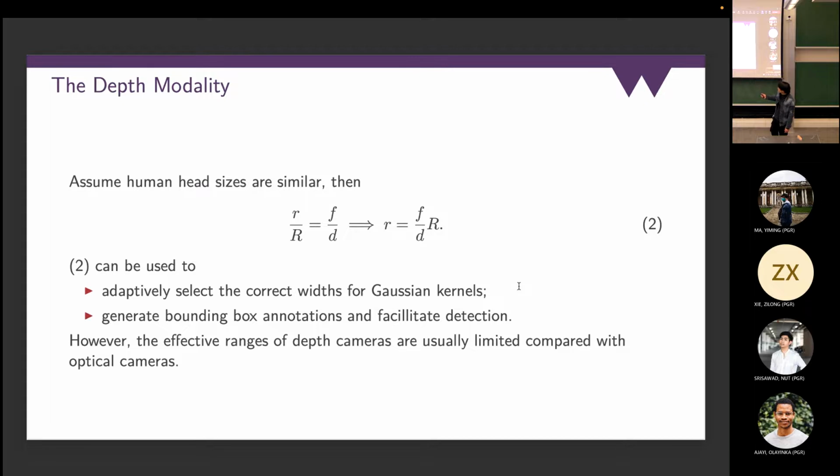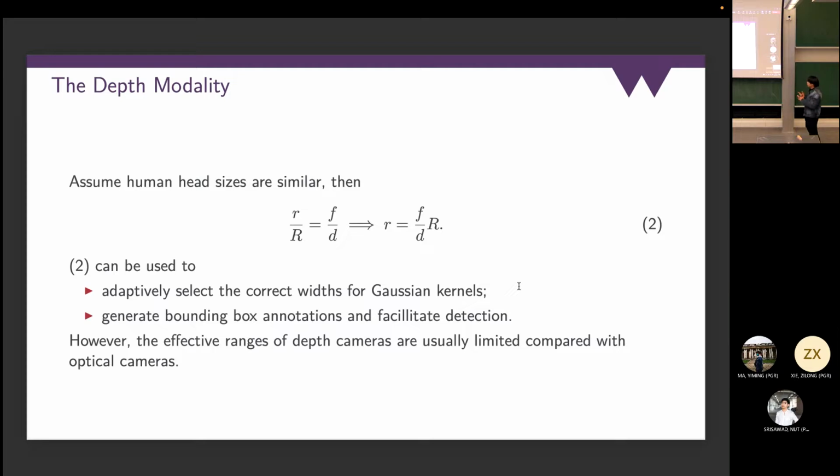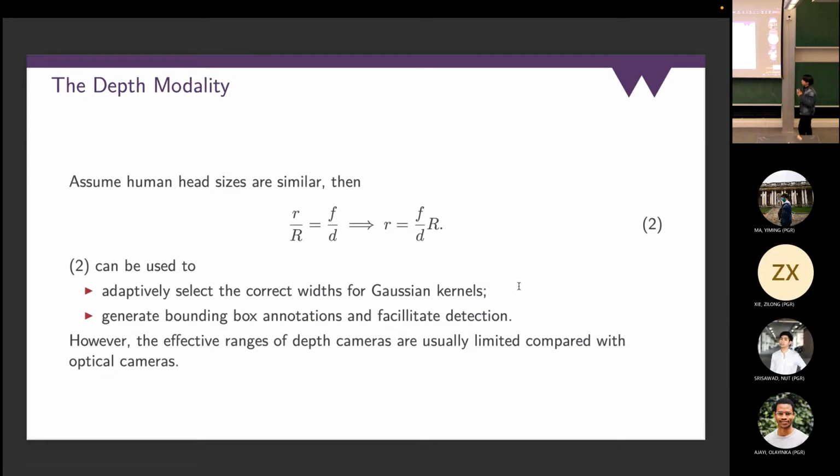Here the lowercase r is people's head size or the radius of people's heads in the image, and the uppercase R is people's actual head size. If we regard it as a constant, then we know the head size in the image is inversely proportional to the depth value.